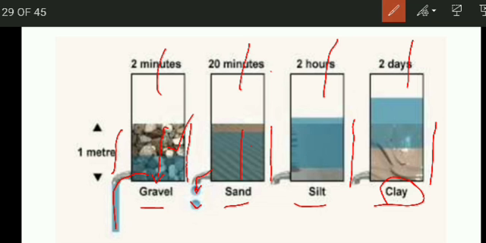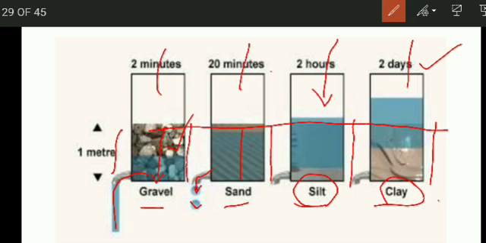Then, silt takes 2 hours. The thickness of the material for all is only 1 meter, but because of the grain size difference it takes more time. So 2 hours are needed for the silt for the percolation of water. Lastly, clay is still finer, so it takes 2 days for percolation.